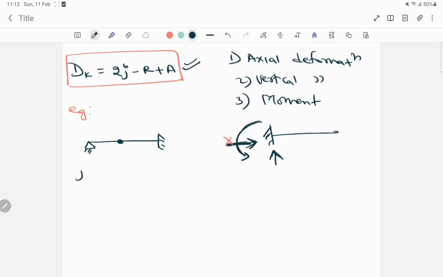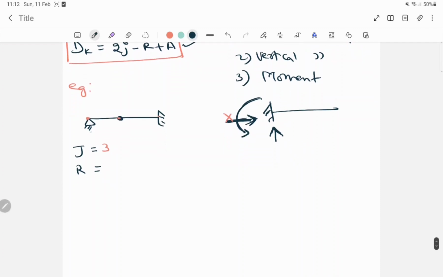Okay, so here j is the number of joints, and how many joints are here? This is 1, 2 and 3. We have 3 joints here. Now the number of unknown reactions: in the case of the hinge there are 2 unknown reactions, and in the case of the fixed end there are 3 unknown reactions.